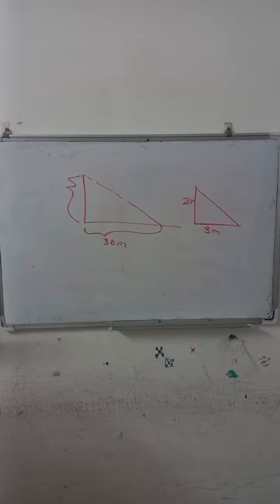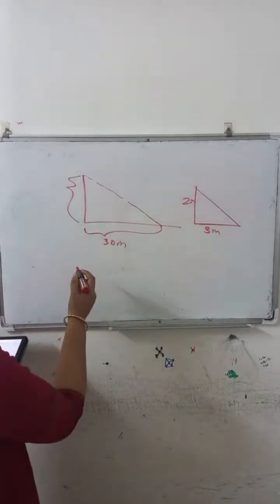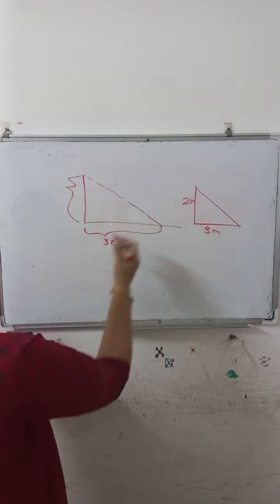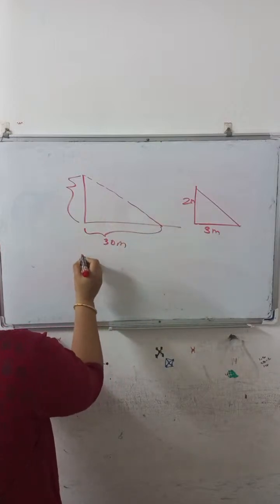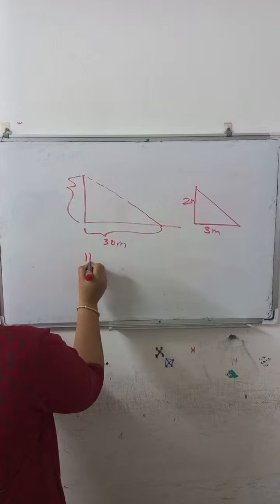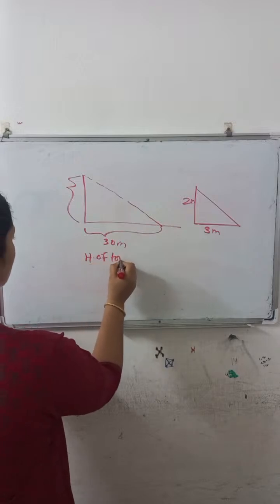Look, whenever this kind of question comes for 1 or 2 marks, then we can use some properties. If we want to find the height of the tower, then we have a formula. We can use the similar triangles property.